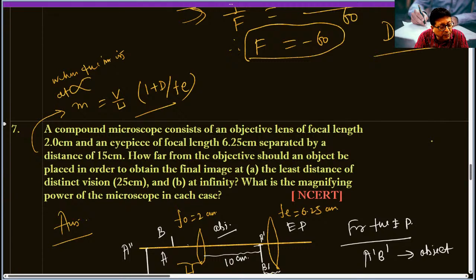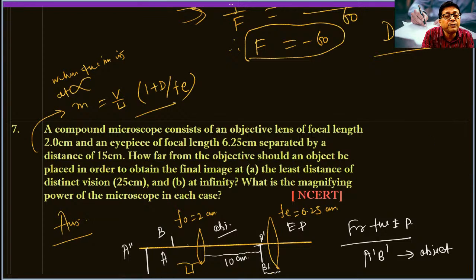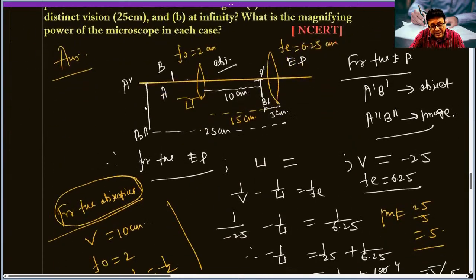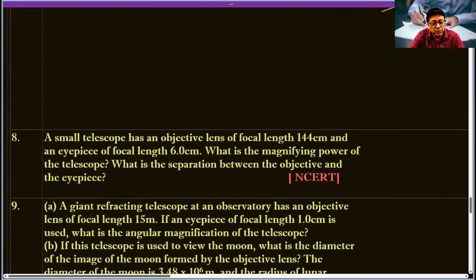This is the formula for magnifying power if the image is formed at infinity. This V by U is for the objective. Let me write it. These two are for the objective. You can put it there directly and then check. I am not going to do it because we have just done one part, a similar question. It is easier than that. Okay? Go for the next one.